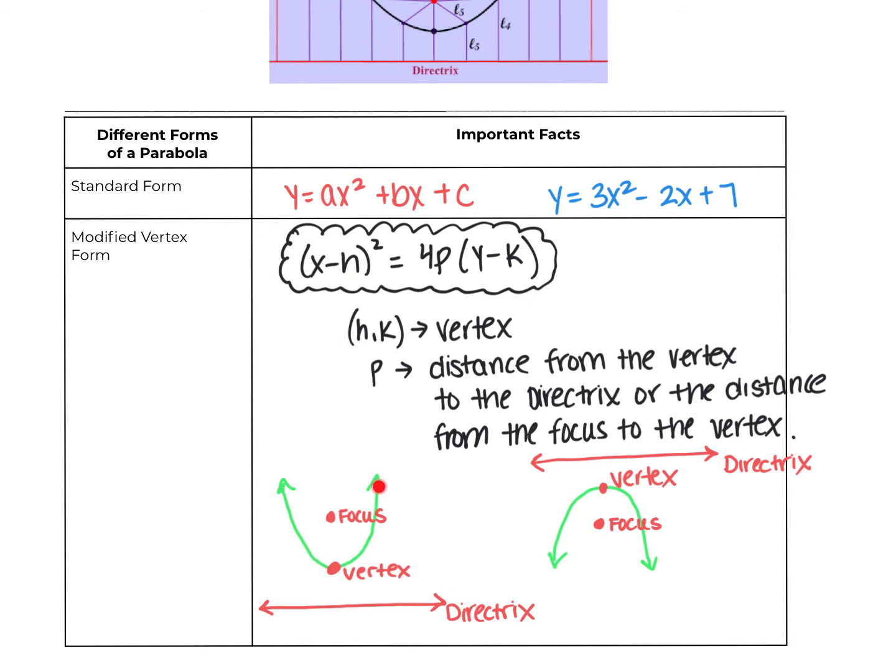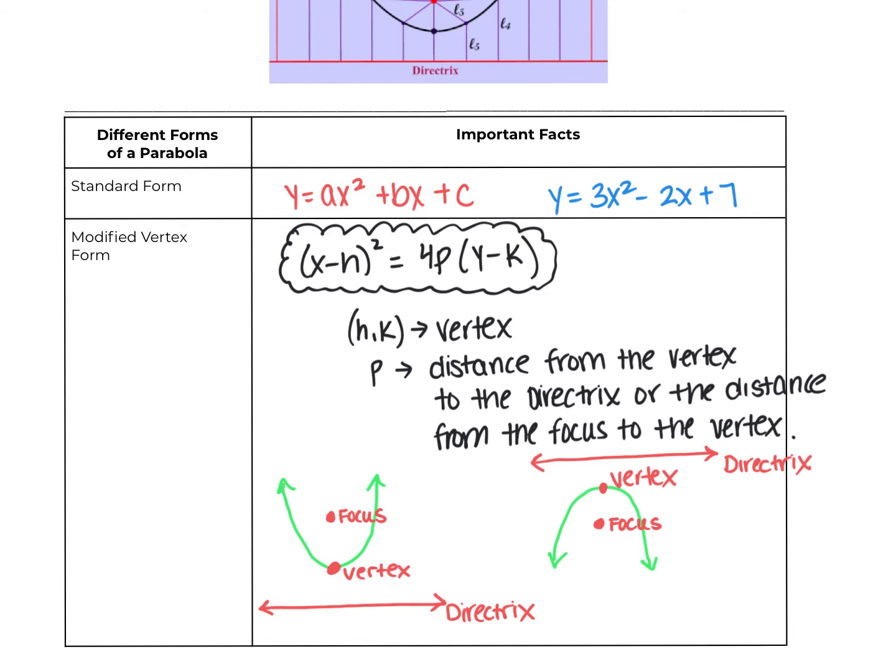If we have a happy parabola, the vertex is at the bottom, the turning point. The focus is always on the inside, and the directrix is completely beneath the whole parabola. Now, in the second scenario, the directrix is completely above the whole parabola, the vertex is the turning point, and the focus is entirely inside.